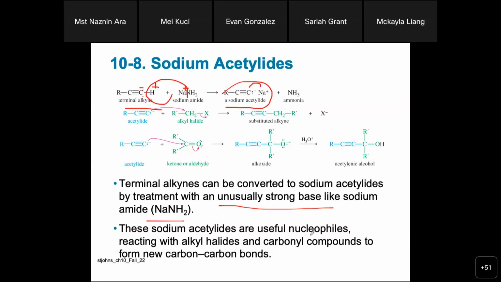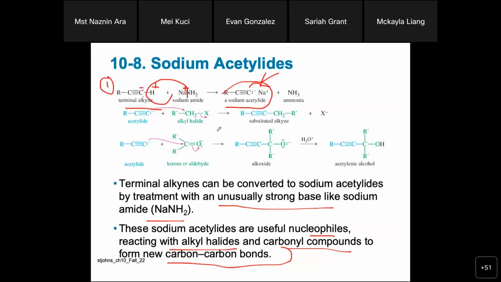acetylide is a useful nucleophile, reacting with alkyl halides and carbonyl compounds to form new carbon-carbon bonds. So we can do this first step reaction, and this works as a nucleophile. We know nucleophile means having an available electron pair to donate, looking for an electrophile, correct?